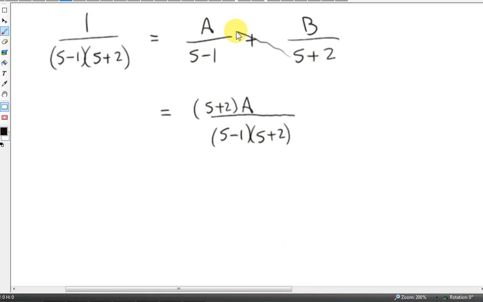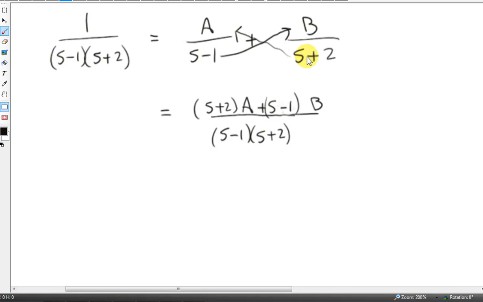So essentially we multiply s plus 2 by a. Then we divide s minus 1 into the common denominator to get s plus 2, which we multiply by b. Actually that should be s minus 1. So we multiply s plus 2 by a and s minus 1 times b.